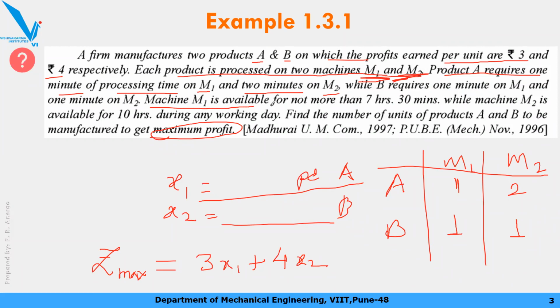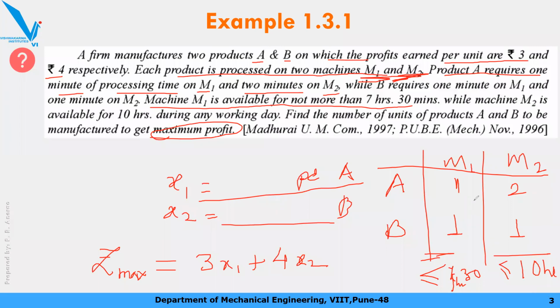Machine M1 is available for not more than 7 hours 30 minutes. So machine 1's total should be less than or equal to 7 hours and 30 minutes. While machine 2 is available for 10 hours. So the total hours for machine 2 should be less than or equal to 10 hours.